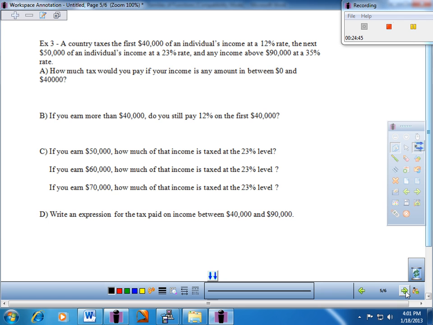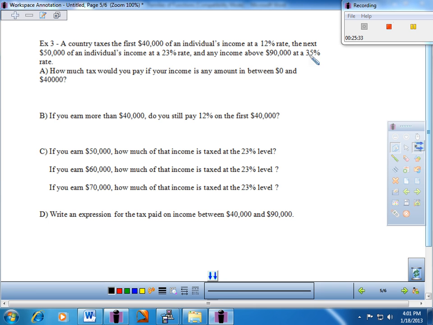This is what is called a progressive tax system, and it's based on the ideology that the more money you make, the greater percentage that you would pay in taxes on that income. As you can see, the first $40,000 is at the lowest rate. The next $50,000, the rate goes up, and then anything above $90,000 gets taxed at this highest level, at 35%.